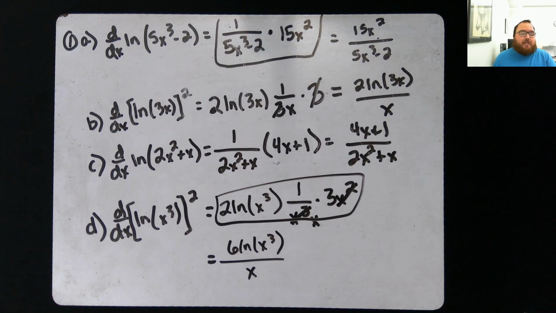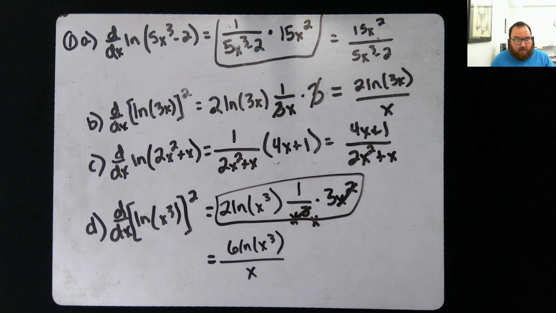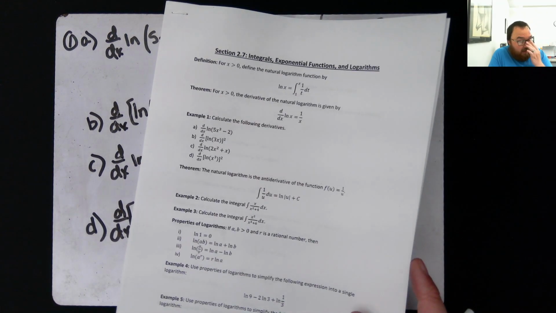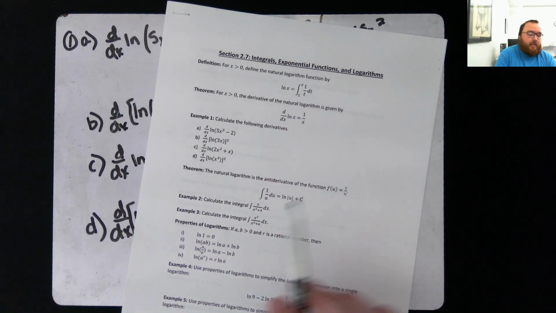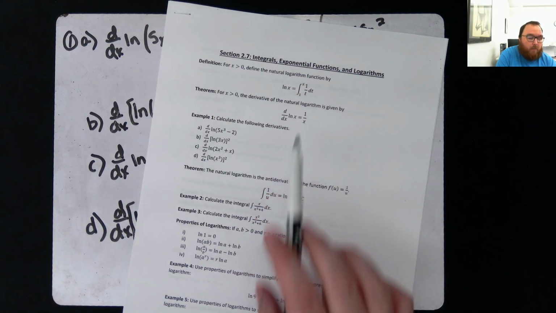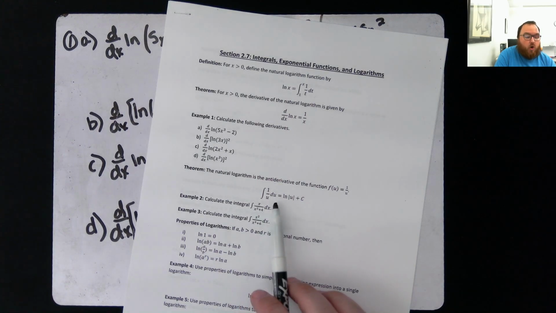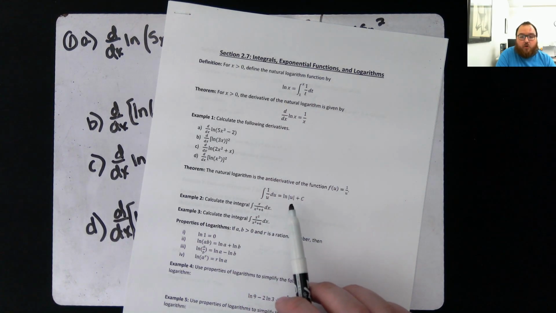So now I can use the same rule to find the antiderivative. So basically it's just the same rule, but then I go backwards. So the antiderivative of 1 over u would be the natural log of the absolute value of u.